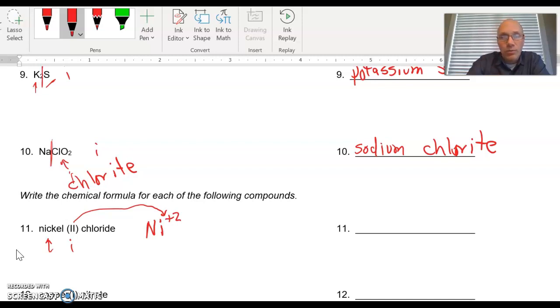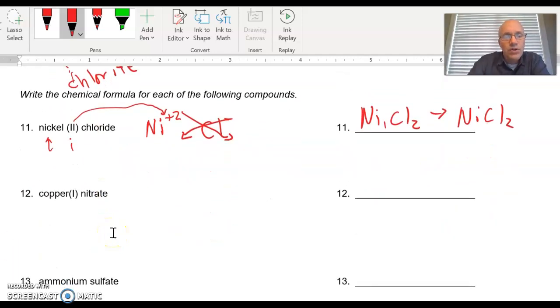That's why we need the Roman numeral. Chloride, we know because of its position on the periodic table. We crisscross these guys, and I get Ni1Cl2, which simplifies to NiCl2.